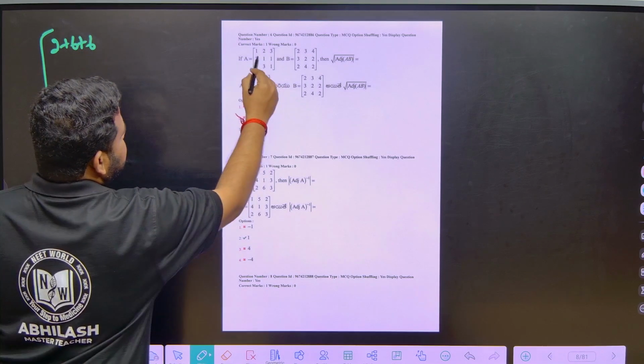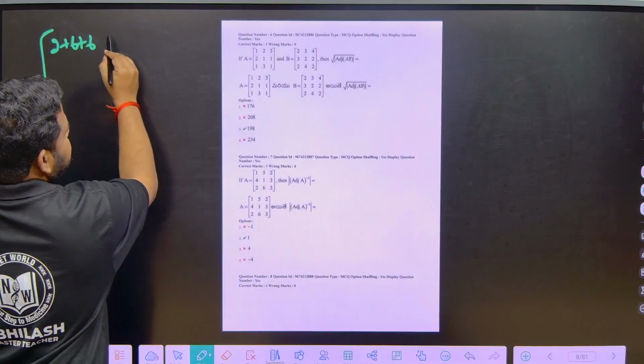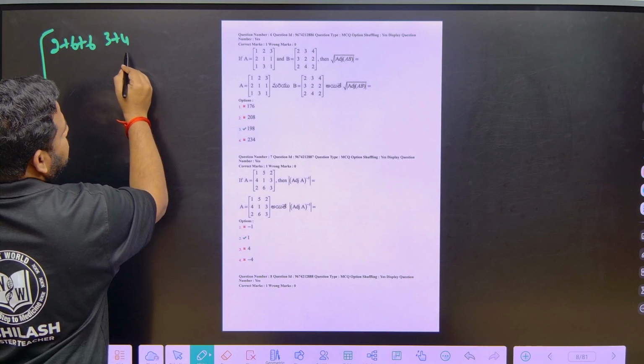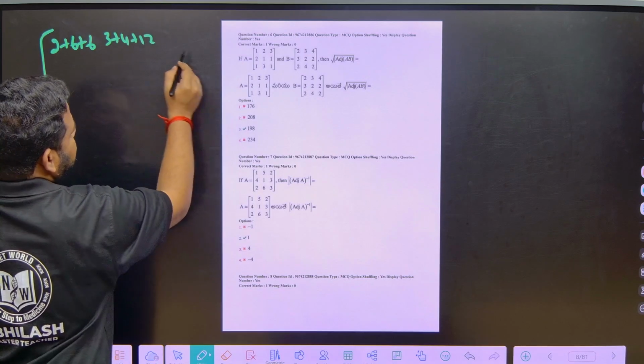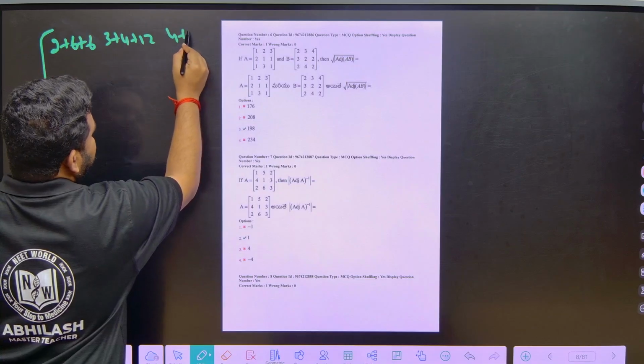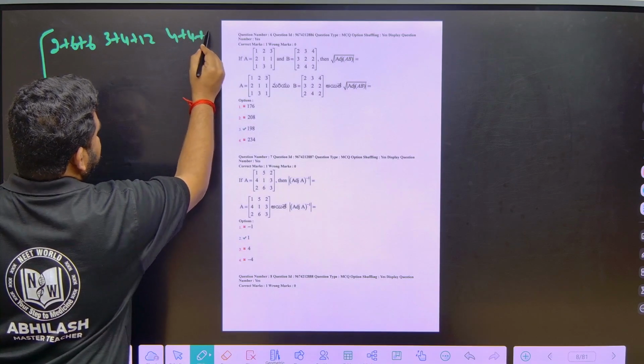So this into this, then this into this. 1 into 3 is 3. 2 into 2 is 4. 3 into 4 is 12. Next, this into this. 1 into 4 is 4. 2 into 2 is 4. Plus 3 into 2 is 6.